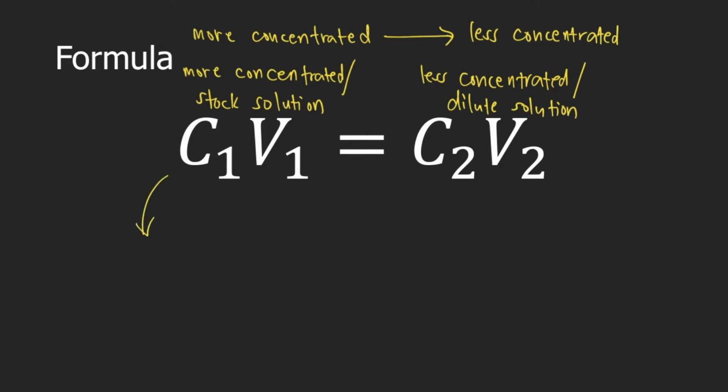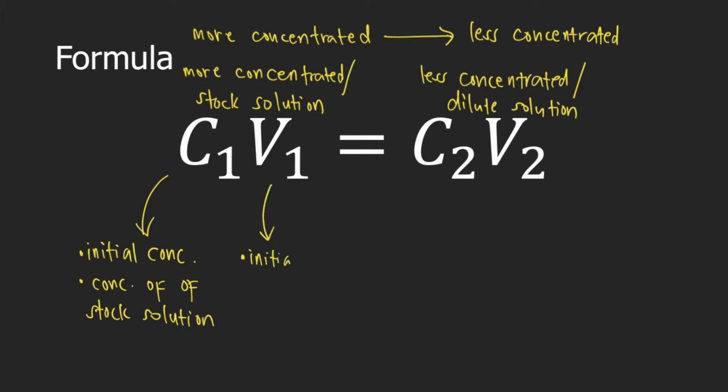C1 stands for the initial concentration, or the concentration of stock solution. V1 is the initial volume, or the volume of stock solution.